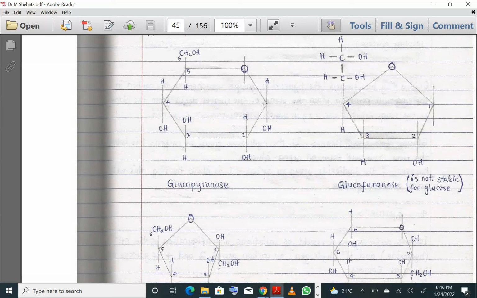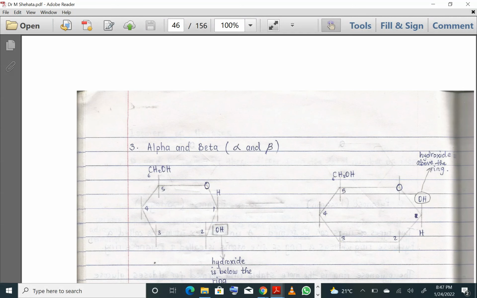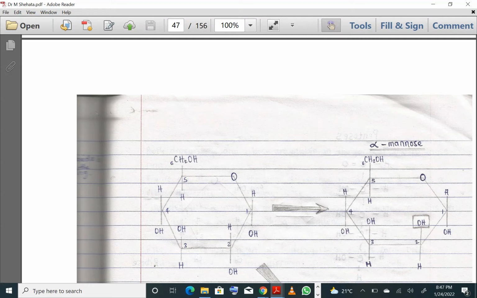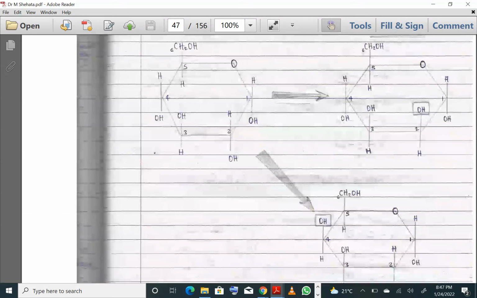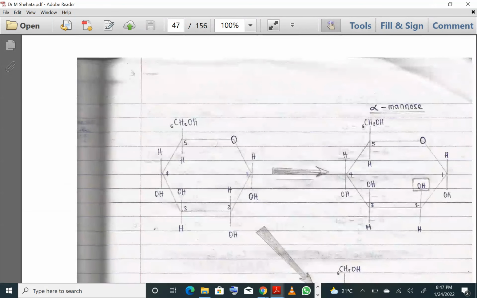Let me actually show the one that's here. Let's first start with mannose. Why am I saying alpha?